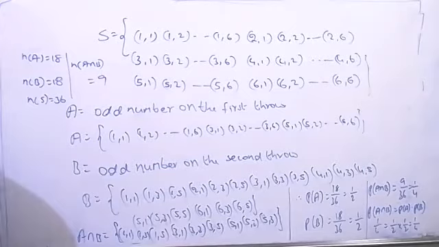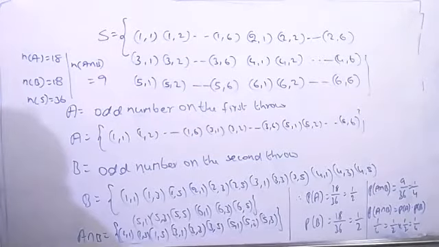And B be the event, in quotation, you can write now, 3 on the die. Full stop.